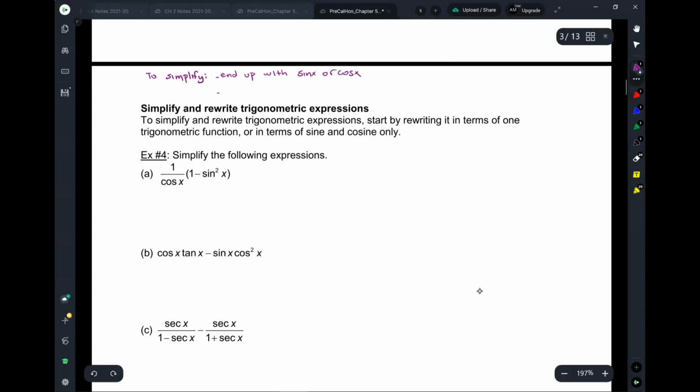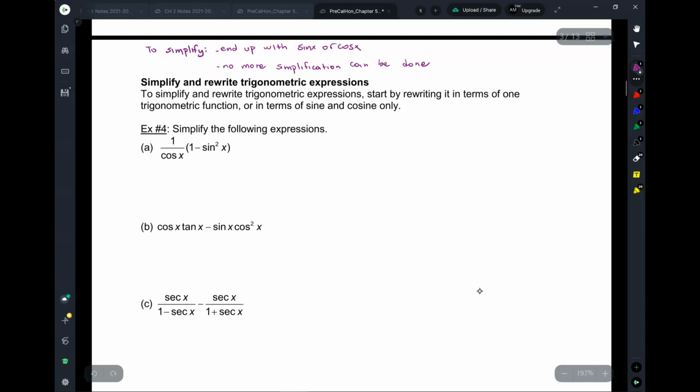And then there should be no more simplification that can be done.